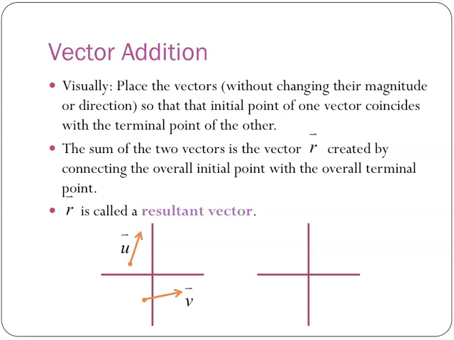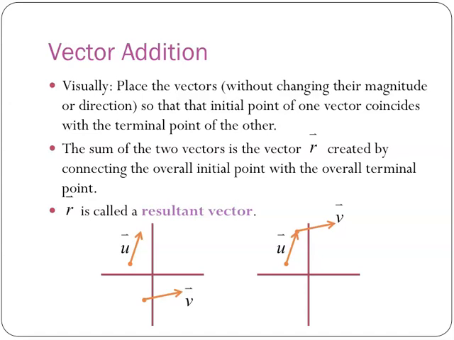So for example, let's say I keep u where it is and I move v. I move v so that the initial point is going to line up with the end point, the terminal point of vector u up here. Now notice that the magnitude of vector v hasn't changed. The direction of vector v has not changed either.